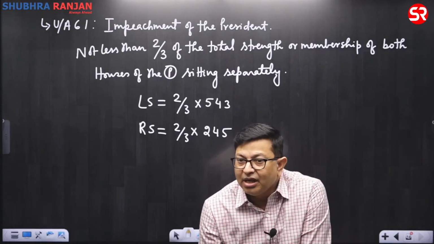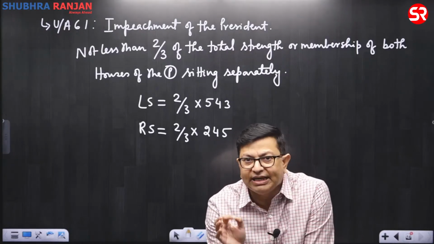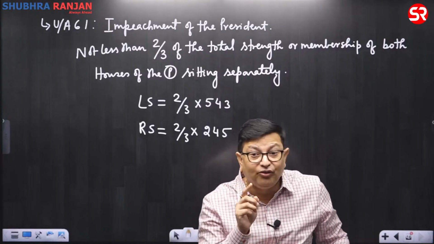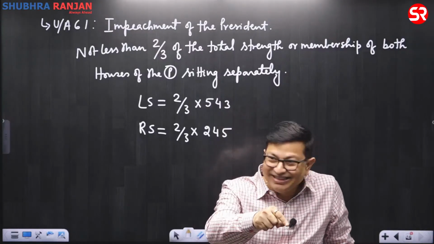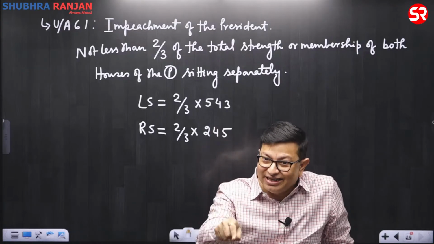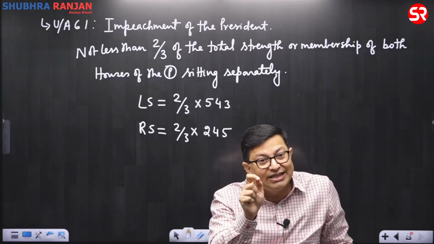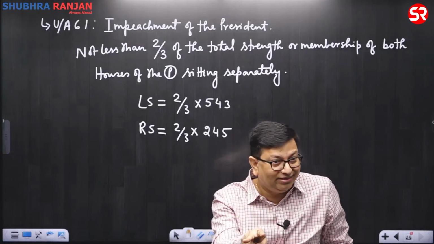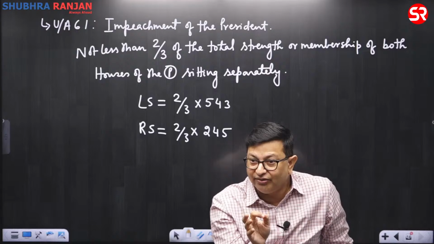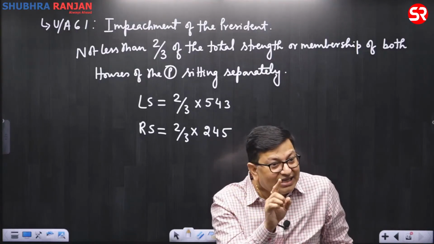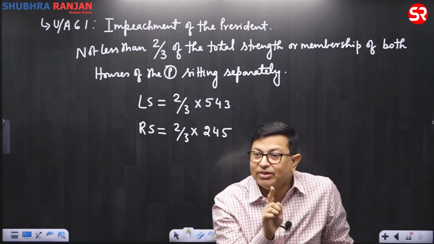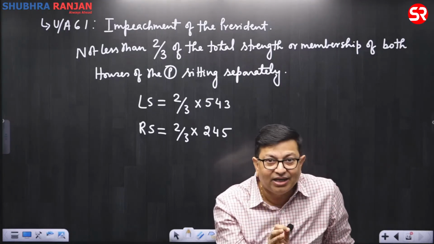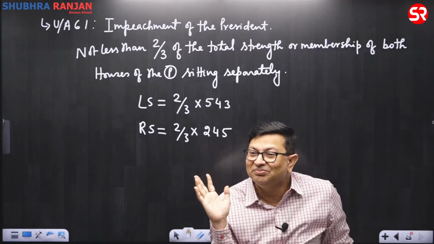Article 124 clause 4 says that a judge of the Supreme Court is to be removed by the president upon the passage of a resolution by both the houses of the parliament by a majority of the house as well as two-thirds of the members present and voting, on the grounds of proved misbehavior or incapacity.